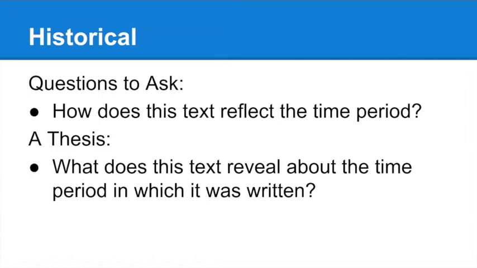Is there something enlightening the text tells us about that time period? Do we learn more about the humanity of the time period, or do we learn maybe some terrible things that happened at that time? And we can consider how that maybe warns us for the future or encourages us for the future.